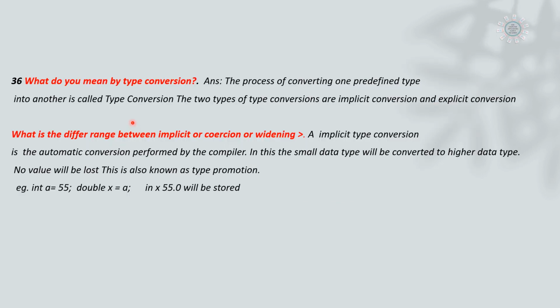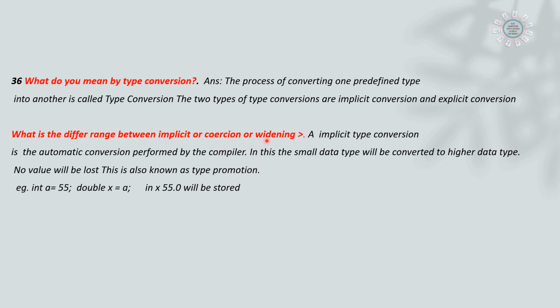The next important question is type conversion. It is mostly asked: the definition of type conversion and the 2 types of conversion, implicit and explicit. Implicit means automatic conversion performed by the compiler, in which the smaller data type is converted into a higher data type and no value or data will be lost. It is also known as type promotion.